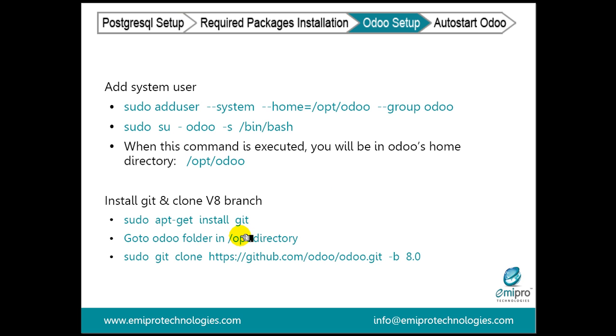So now let us move to the next. I will add a system user, and I will create the home directory inside /opt/odoo. So let me add the new user.